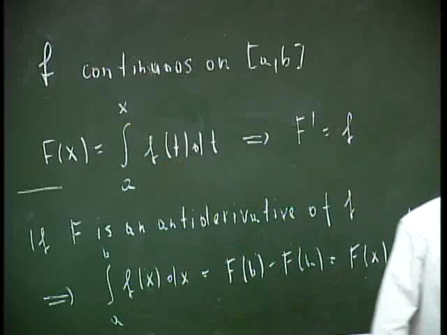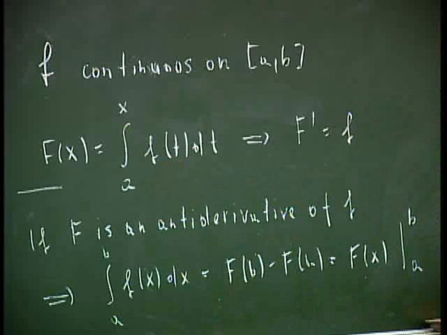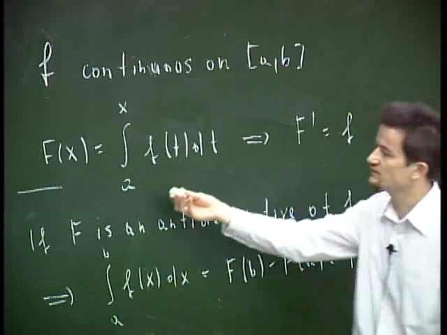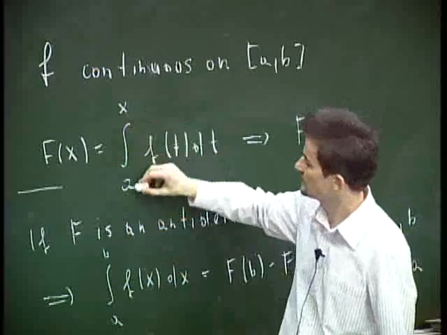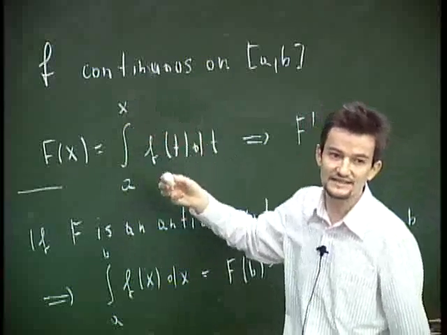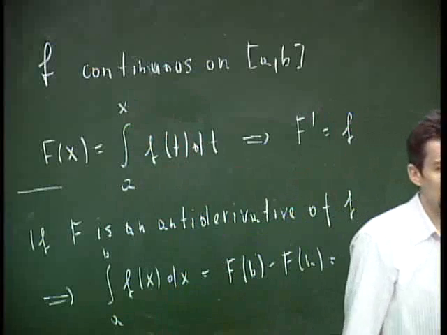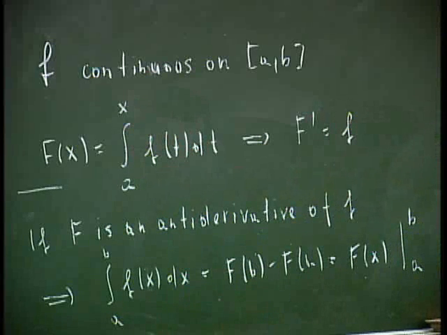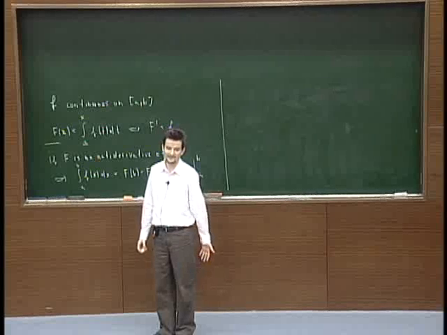And this is the so-called indefinite integral. The definite integral has lower and upper limit and is defined as a limit over Riemann sums, and the indefinite integral is by definition, as you have learned in high school already, just an antiderivative.